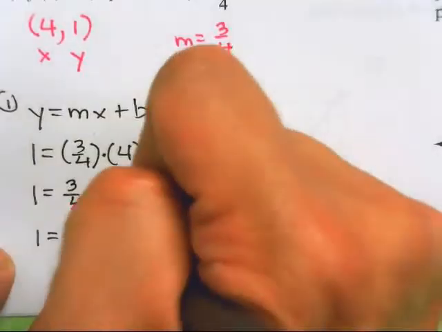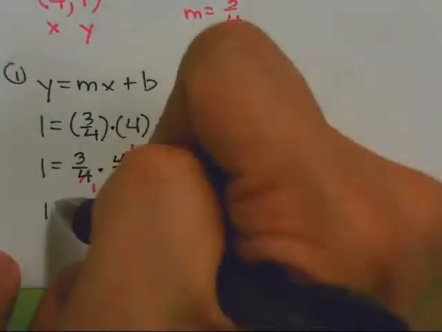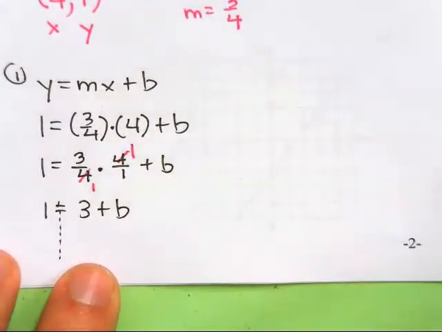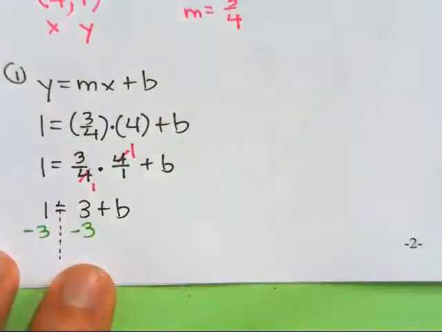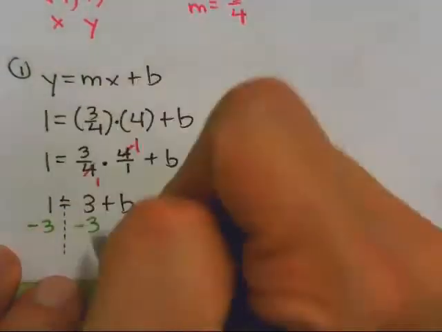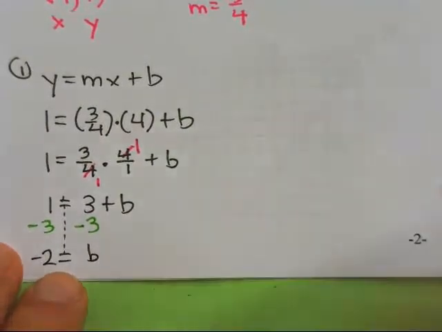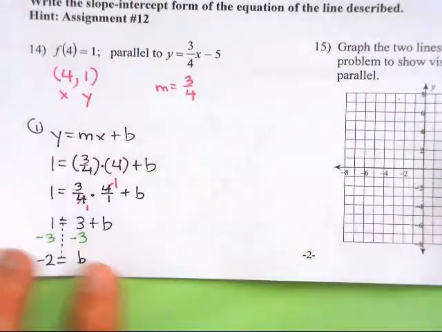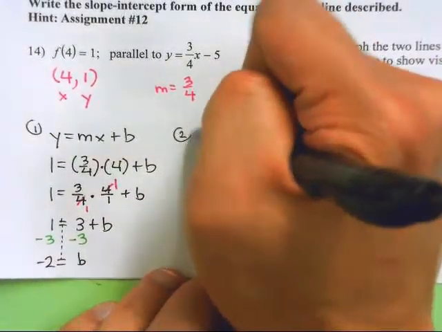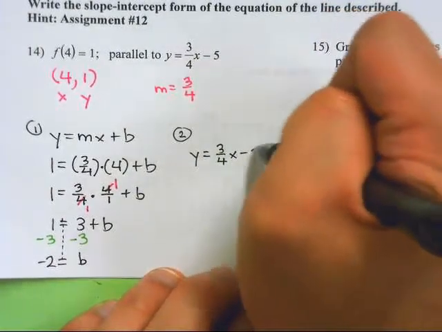So that's 3/1, but we can just write that as a 3. Because it's a positive 3, we're going to subtract 3 on both sides. B is equal to -2. So just like on number 11, you guys said that we are not done. We're totally not done. So then our final equation, y equals 3/4 x minus 2.